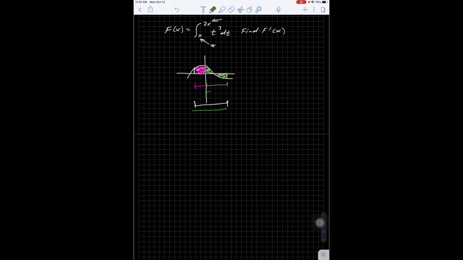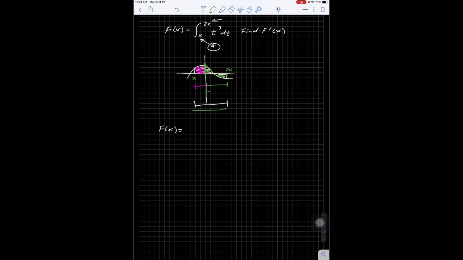I've got this area from somewhere, just to put a visual on it, let's say from x to 2x, wherever those might be. And what we're going to do is break it up somewhere in the middle. It doesn't matter where you break it up, as long as this is a constant number. So typically we just break it at 0.